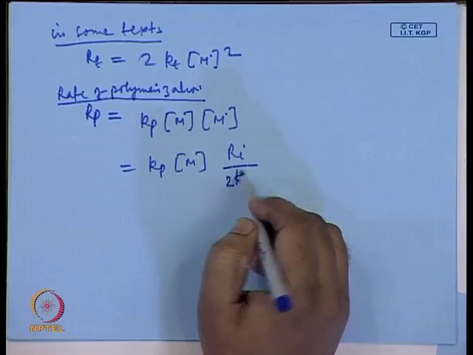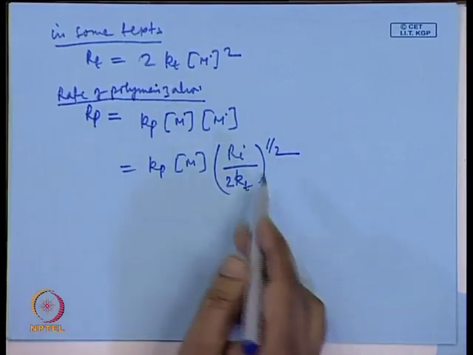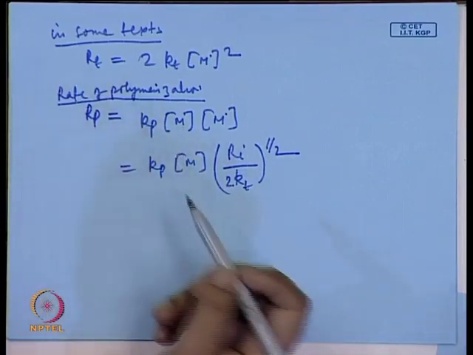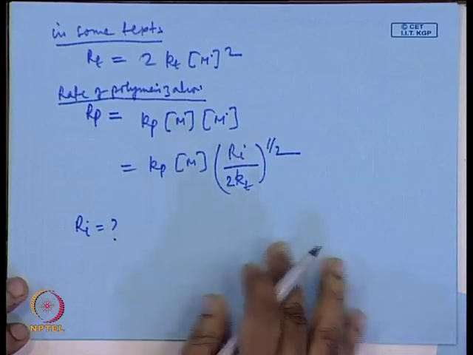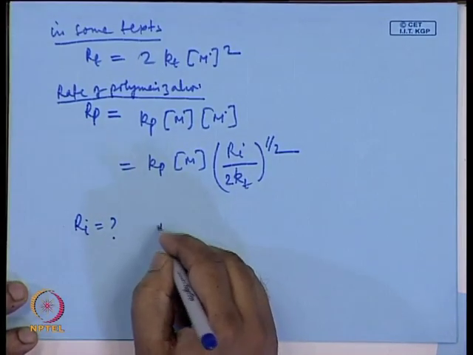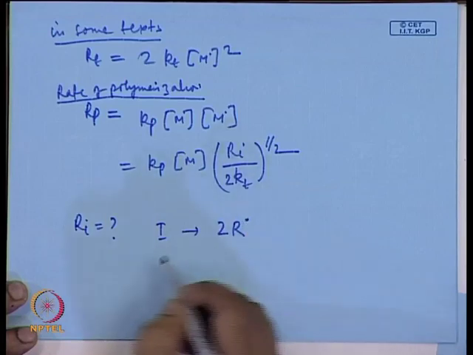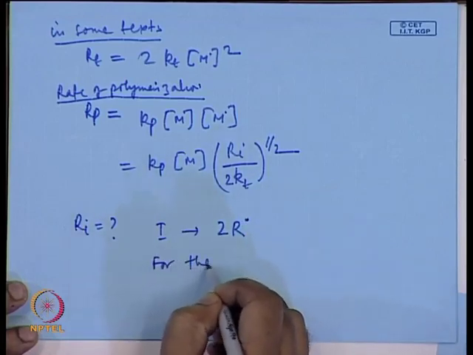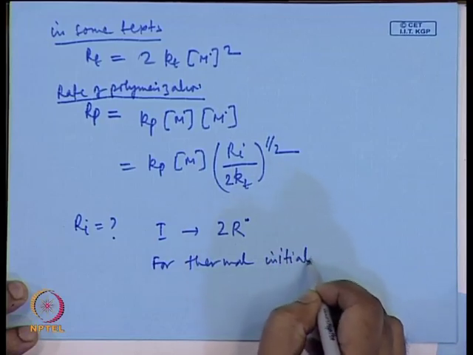So, I write 2, and this is what the rate of polymerization is. So, we have to know Ri. Now, Ri is, this is for thermal initiation.